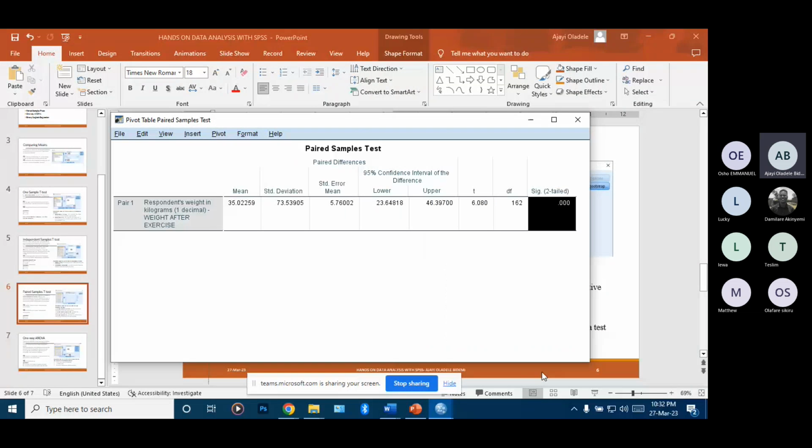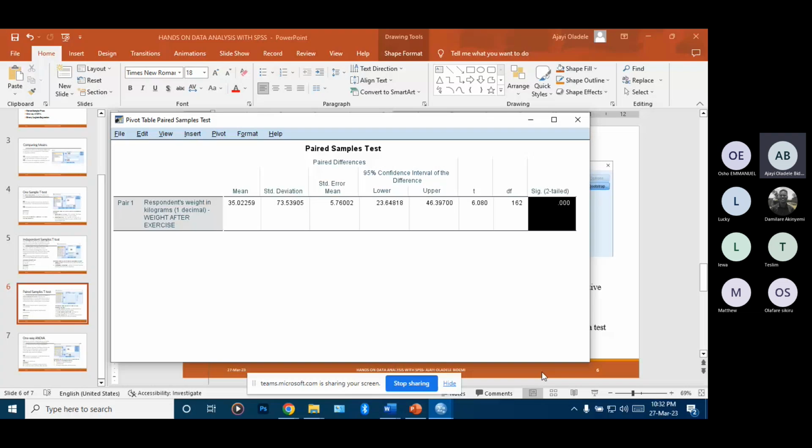Since this p-value is less than alpha, we are rejecting the H0 of no difference between the mean weights. This implies that there is significant difference between the weight of our respondents before they started exercise and after they started exercise.